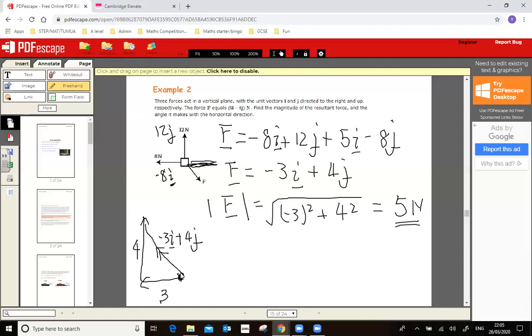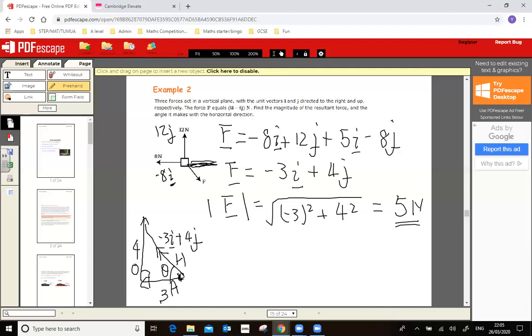All right, so you can see here, this is a right-angled triangle, which means I could use trigonometry, SOH CAH TOA, to work out this angle here. Let's call it theta. Okay, so you can see that I have been given 4, which is the opposite, 3 is the adjacent, and this is the hypotenuse.